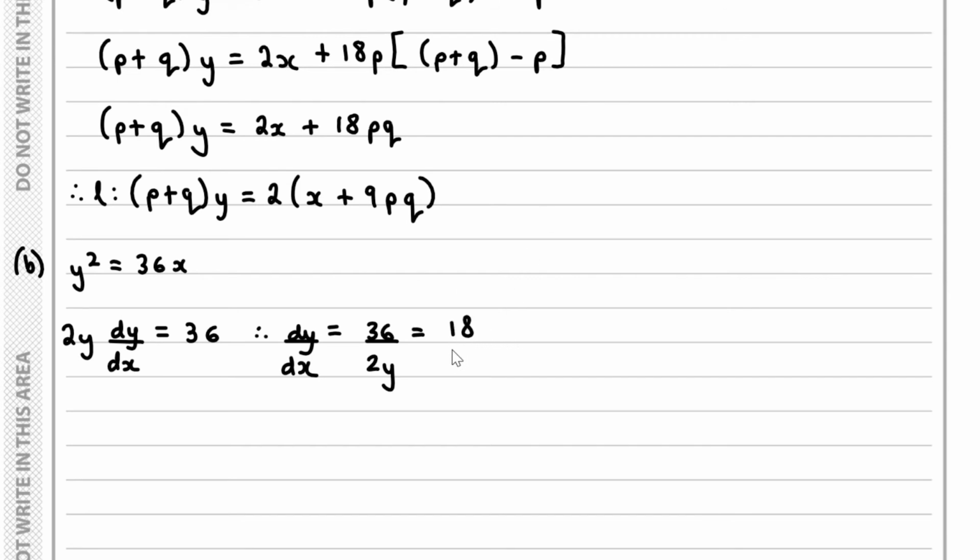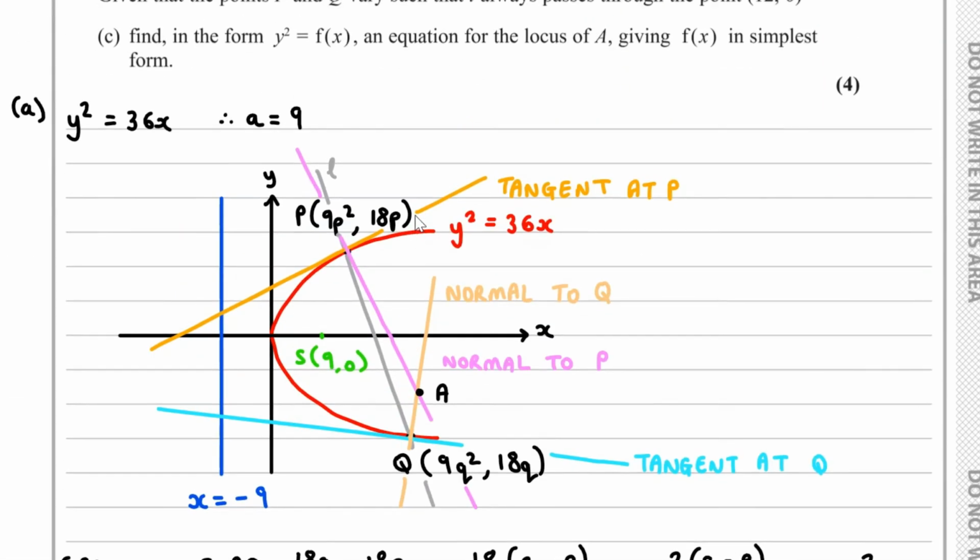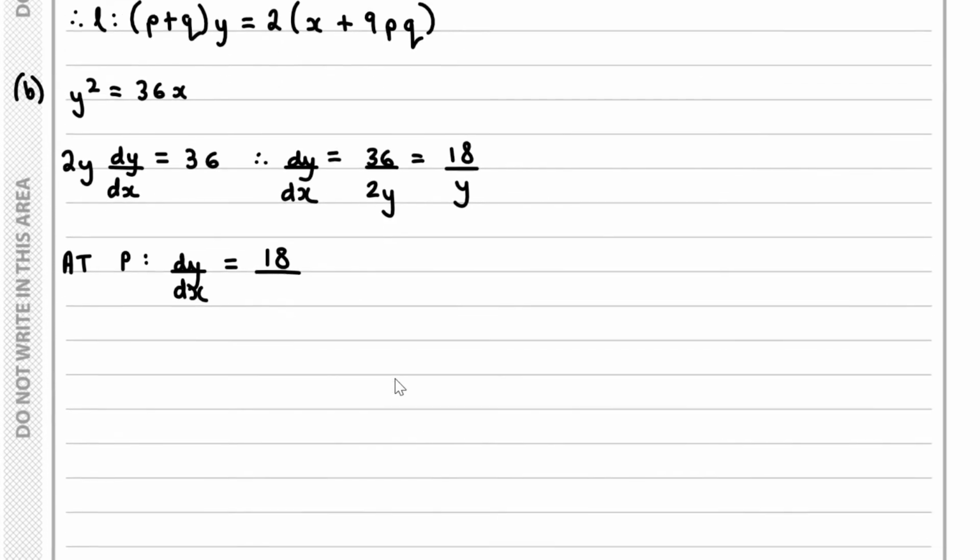So all we now need to do is substitute in the y coordinate of both P and Q. So at the point P, if we substitute in, we have dy over dx equal to 18 over the y coordinate of P, which you'd remember is 18p.